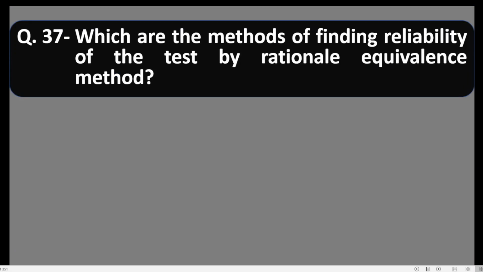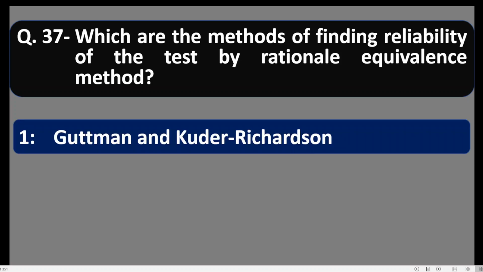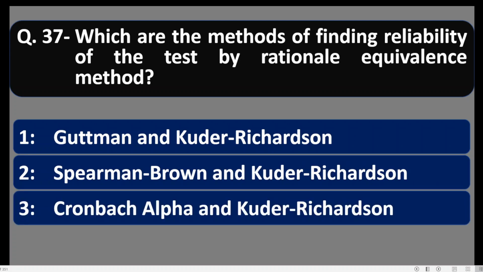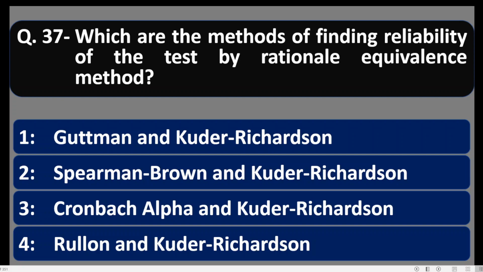Question 37. Which are the methods of finding reliability of the test by rational equivalence method? Number 1, Guttman and Kuder-Richardson. Number 2, Spearman-Brown and Kuder-Richardson. Number 3, Cronbach Alpha and Kuder-Richardson. Number 4, Rulon and Kuder-Richardson. So friends, Guttman, Spearman-Brown and Rulon are methods of finding reliability, but they find reliability by split half method.